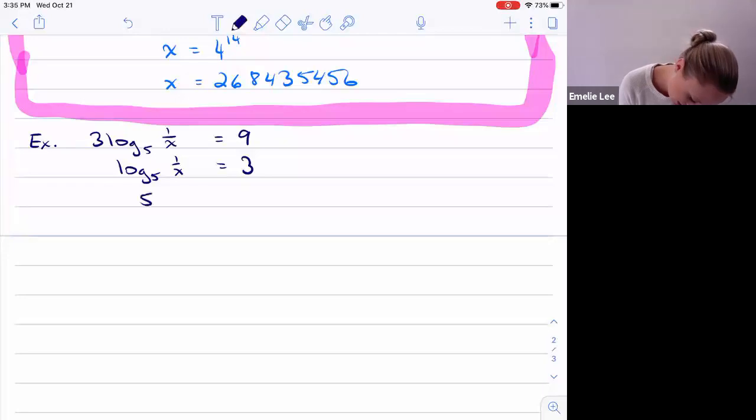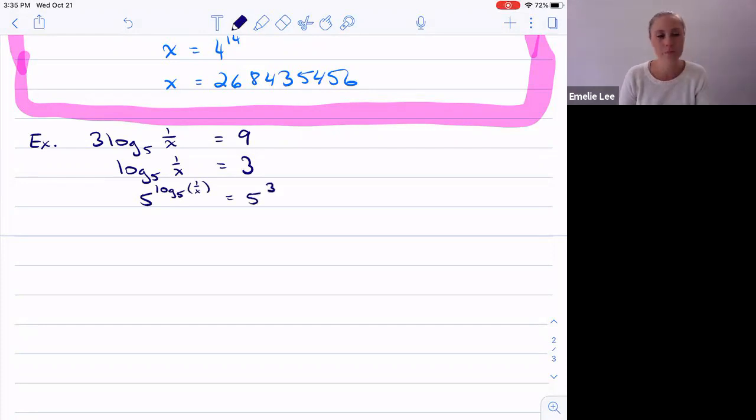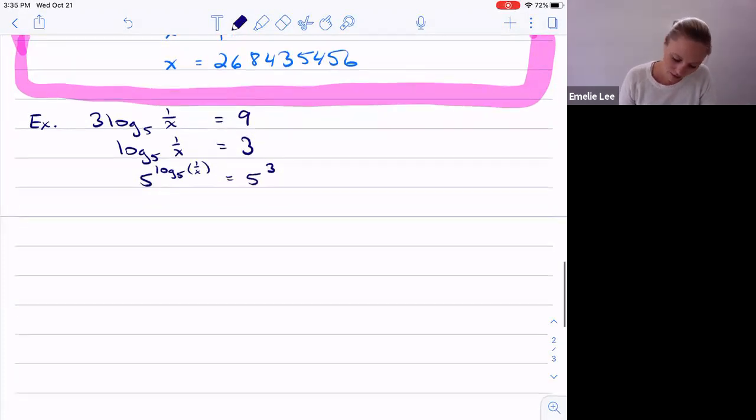So I get 5 to the power of log base 5 of 1 over x is 5 to the power of 3. By that fundamental property, which we're allowed to just apply, this 5 to the power of log base 5 is essentially canceling out, and so you're left with 1 over x.